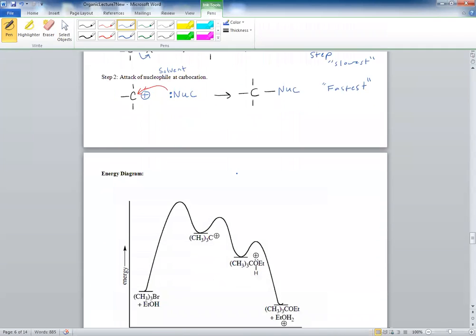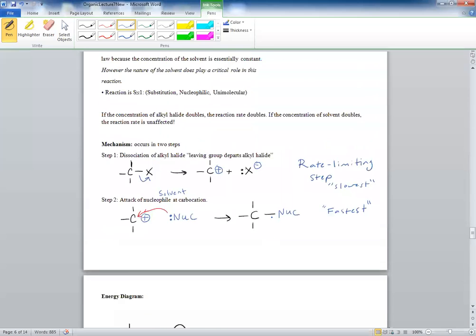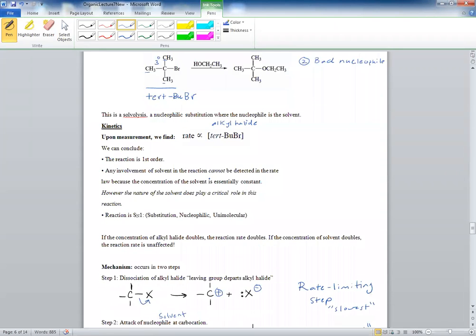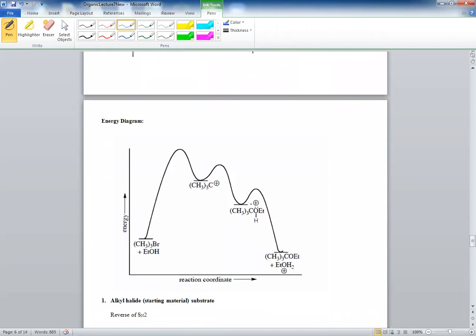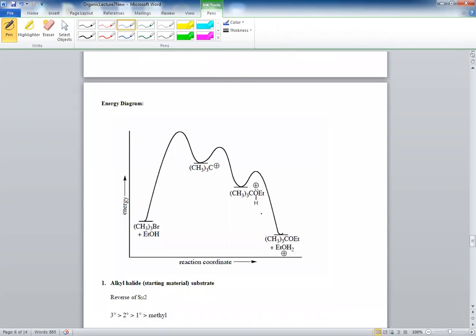Let's look at the energy diagram of this reaction right here, because it's a more exact energy diagram. You'd find that the first step, the breaking of the halogen carbon bond, would be the slowest step.